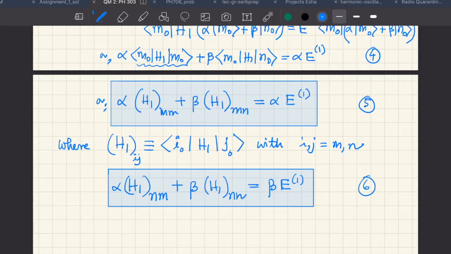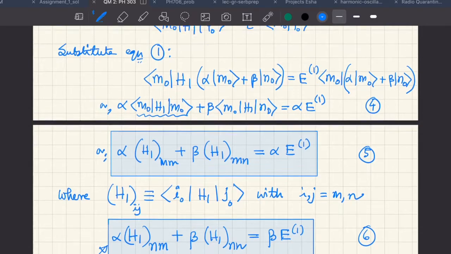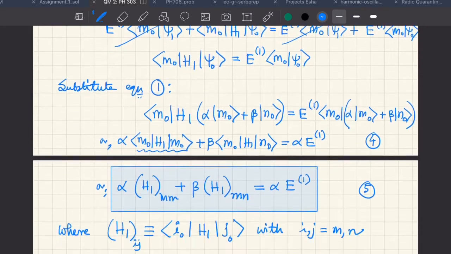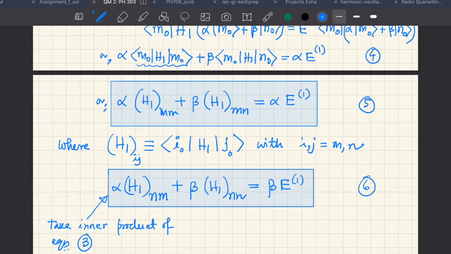So how do we get this equation? Take the inner product of equation 3 with n naught and follow exactly the same procedure that we followed to get equation number 5. You will arrive at this equation.